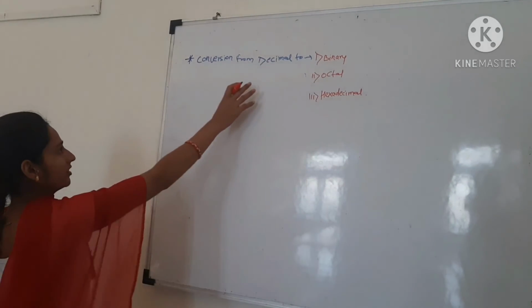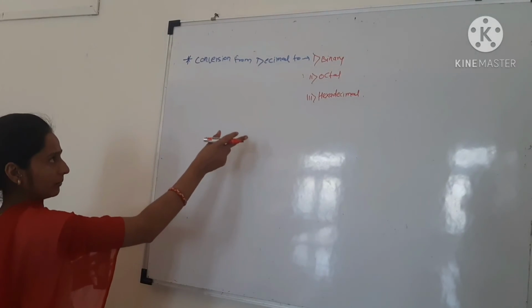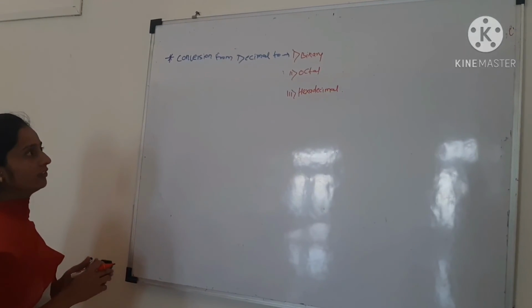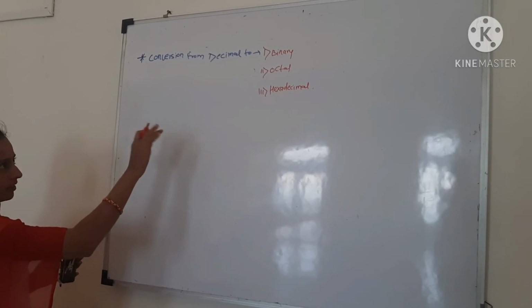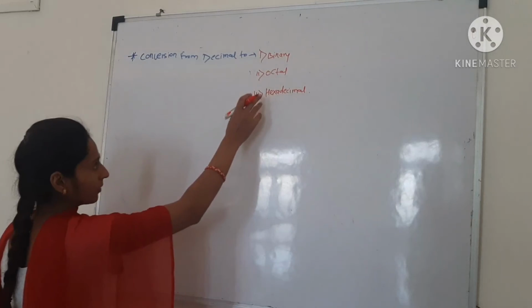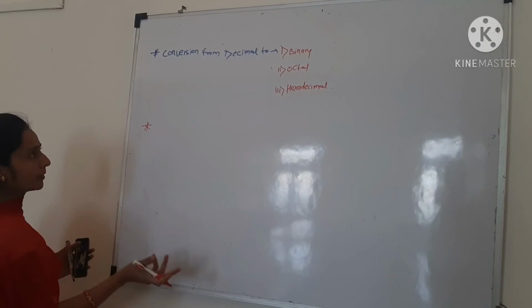In that we saw the process for two different parts, the integer part and the fractional part. In the integer part we divide by the base of the system we are converting to, and in the fractional part we take that base as a multiplying factor.